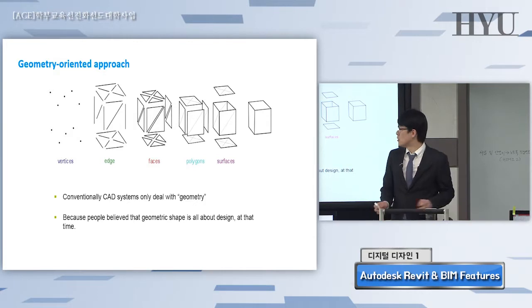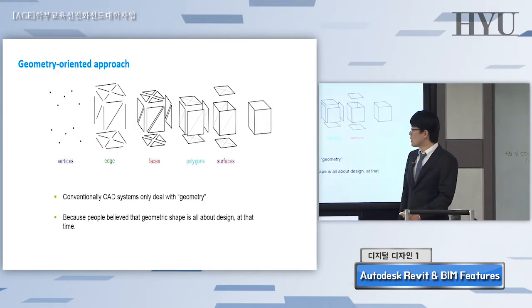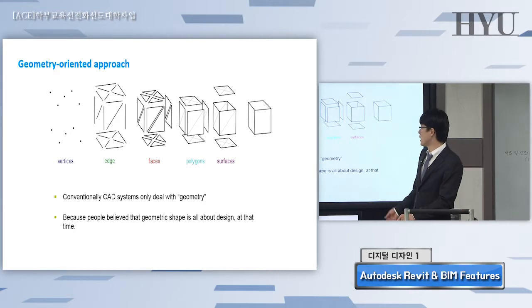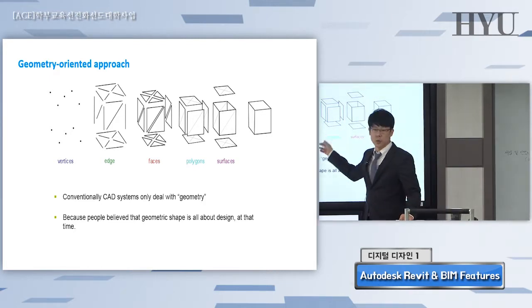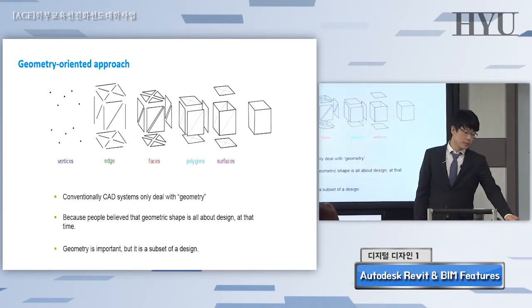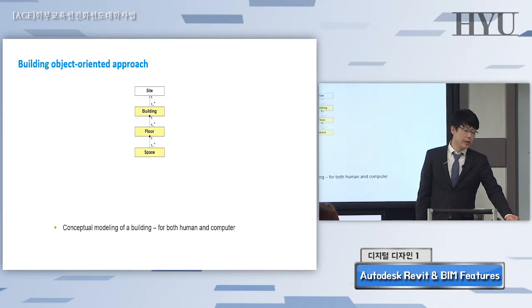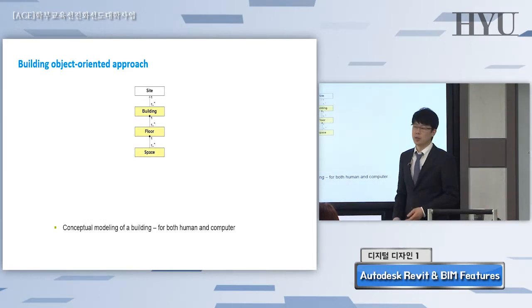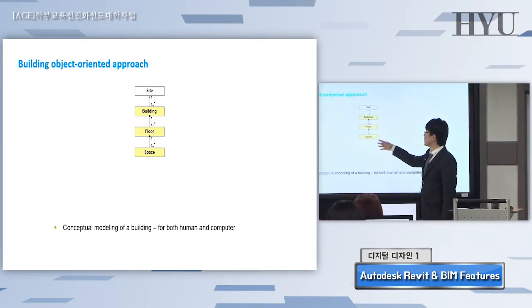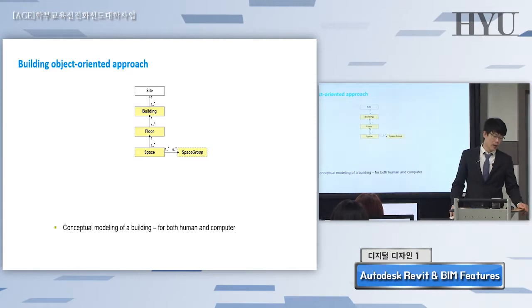When we are using SketchUp, 3ds Max, Rhino, such geometric tools have this kind of subcomponents of geometry, not building objects. But in reality, just simply think about your design process. We are thinking in this scheme, in this domain, in this model.